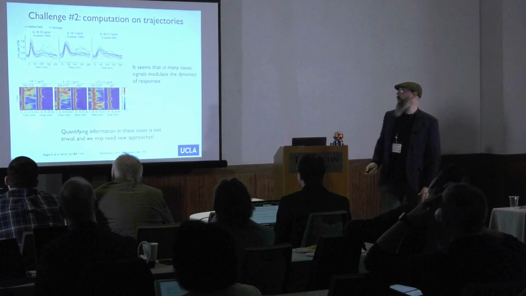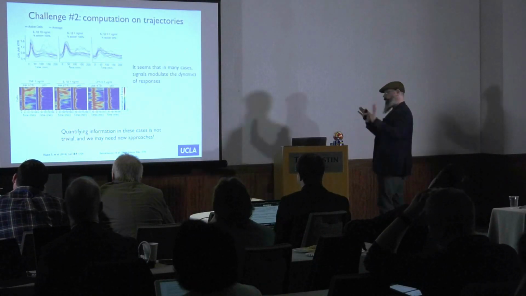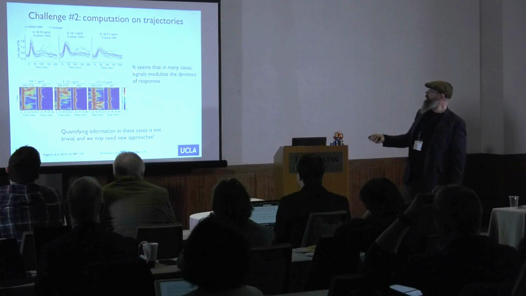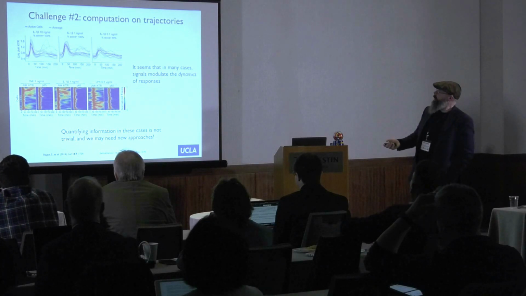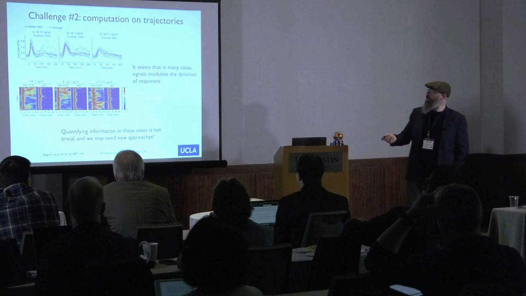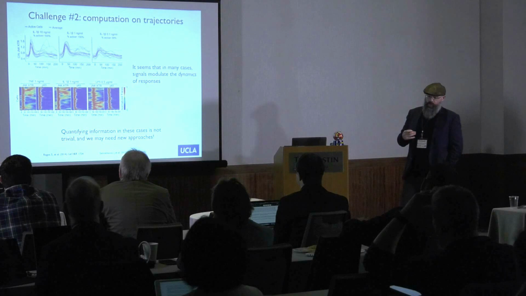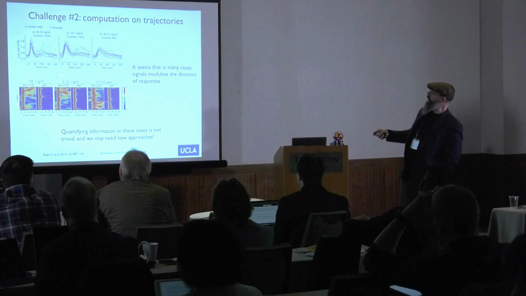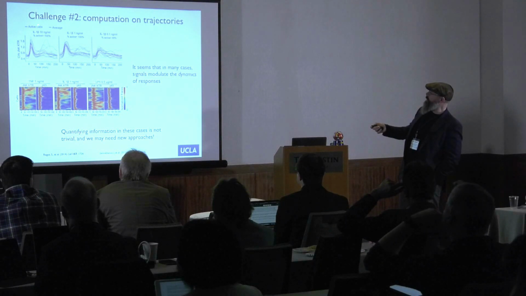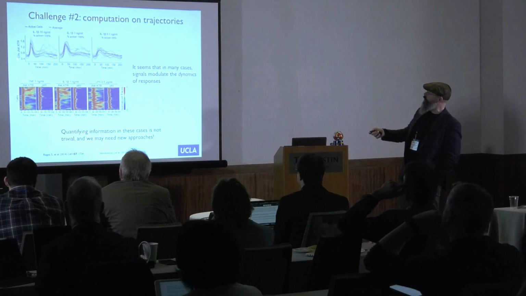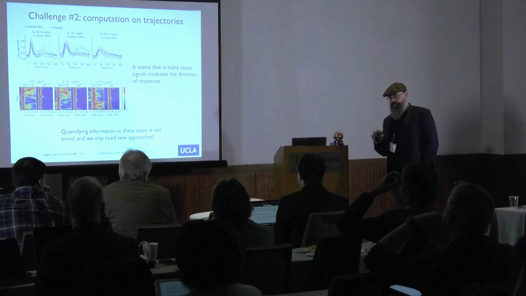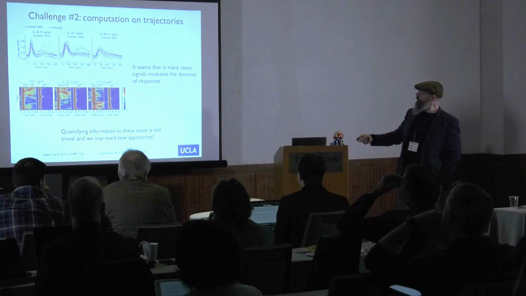The other challenge that's out there, I think, is thinking about how cells might compute and communicate through trajectories. It has become quite common for people to recognize that while we might look at one individual time point, if we measure different cells at different concentrations of these inputs, and look at the trajectory instead of just one time point, we see some evidence that cells are distinguishing different signals or different levels of signals through features of these trajectories.